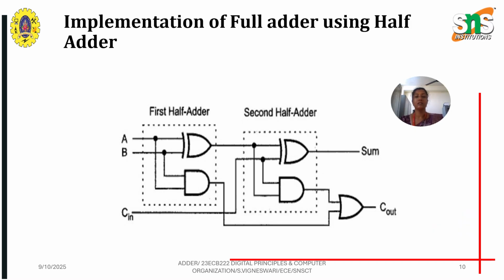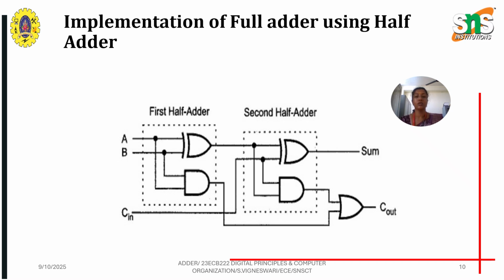So this adder can also be implemented using the half adder circuit. In the first half adder, the two inputs A and B are given to the XOR gate, which produces the sum, and A dot B as the carry output. The output of the first stage is given as an input to the second stage.